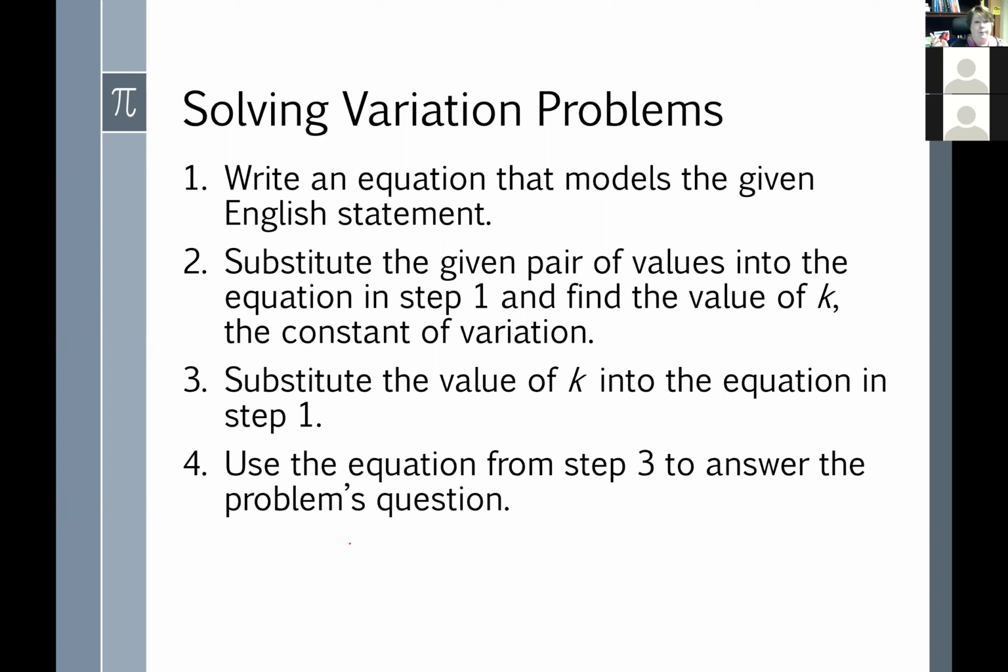They're going to say, the velocity is 10 miles an hour when the time is 2. You plug that in, you find k. Once you have k, the proportionality constant, you plug that back in, you get an equation that you can use to find any value of y given x. Okay?